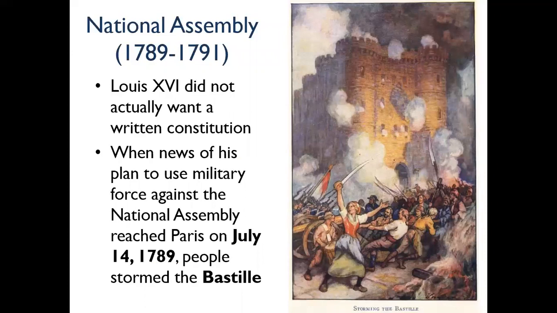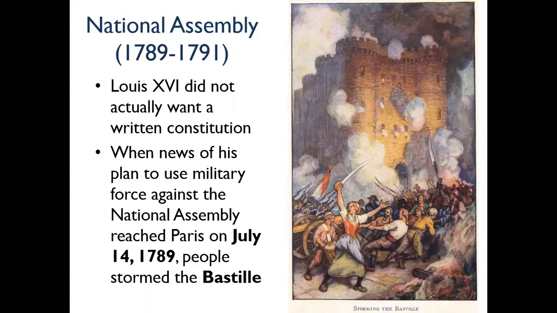The neighboring countries got worried about the developments in France and set out to prevent the reforms. But before they could do so, the National Assembly declared war against Prussia and Austria, against the kings and aristocracies all over Europe. The National Assembly came to know that Louis XVI was going to use military force against the National Assembly.